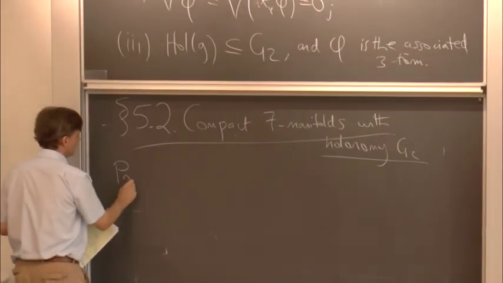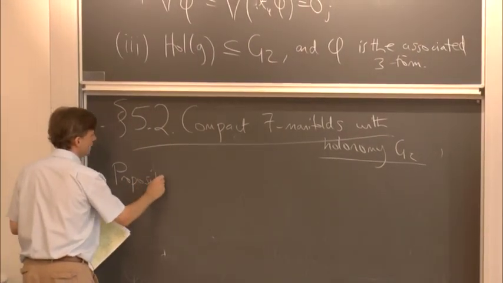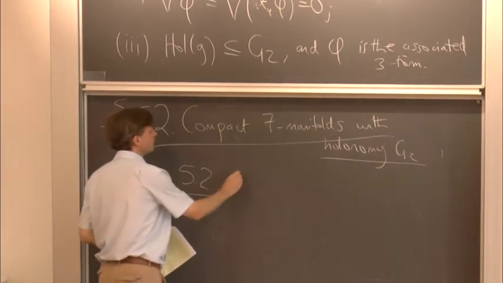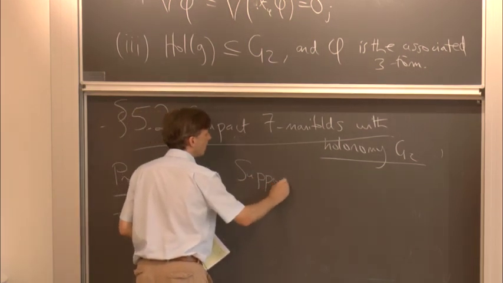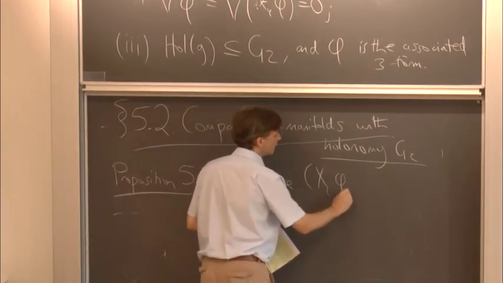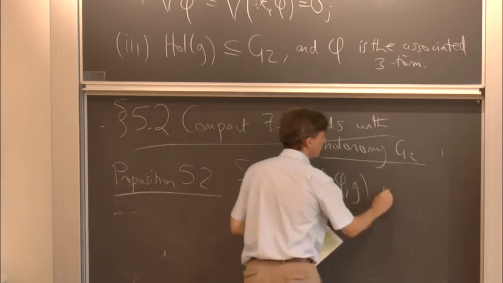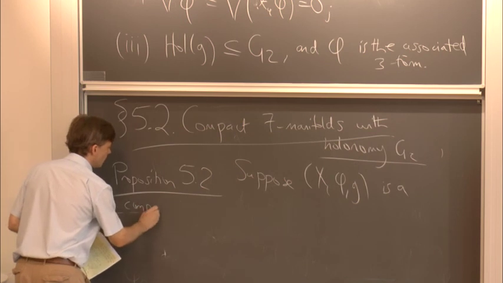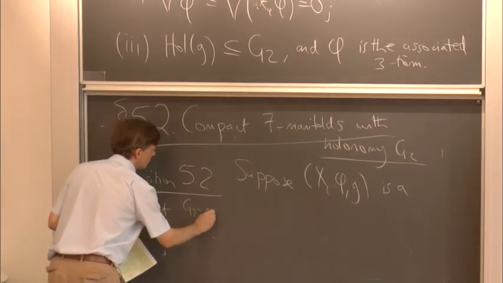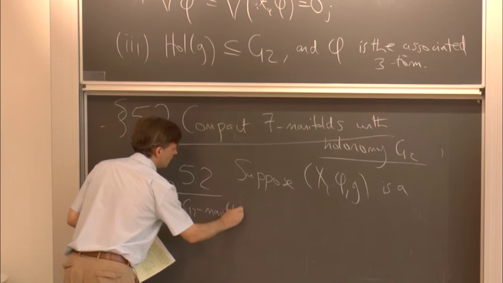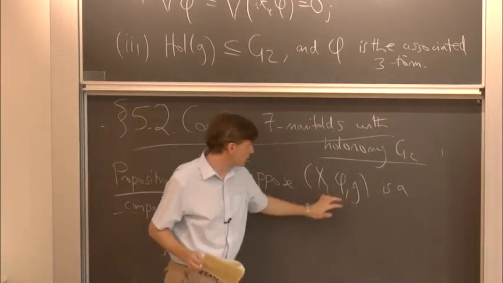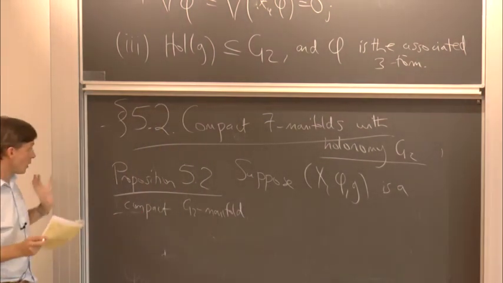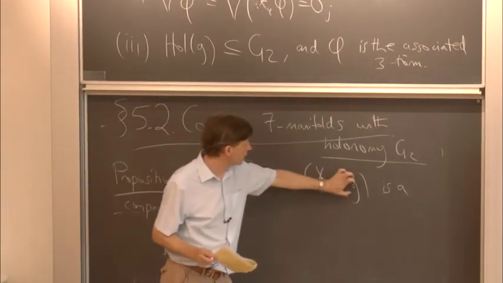First of all, let's give you a proposition, 5.2. Suppose that (X, phi, g) is a compact G2 manifold. That means this is a torsion-free G2 structure, so the holonomy group of g is a subgroup of G2. We'd like to know when the holonomy group is strictly equal to G2.